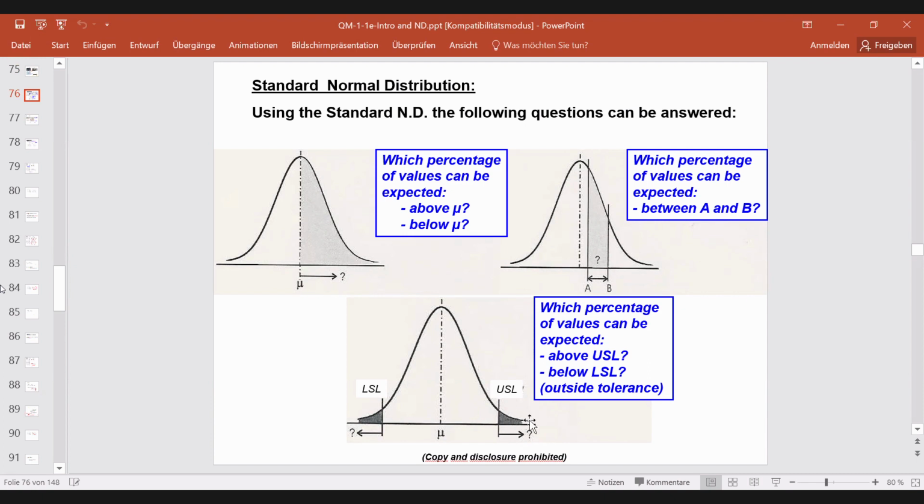This means here on the right side, right from the upper specification limit, or left from the lower specification limit. You can calculate this, and you can also calculate the percentage between these two limits.